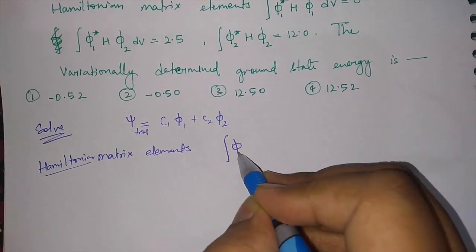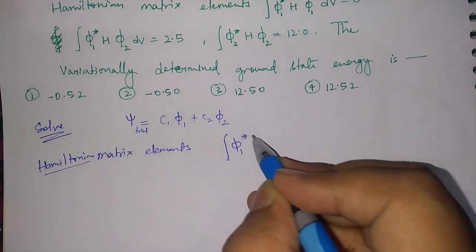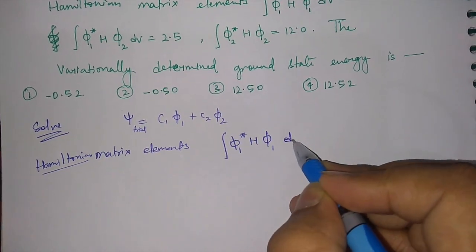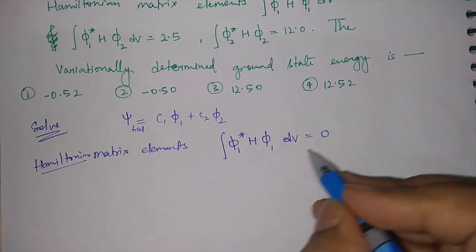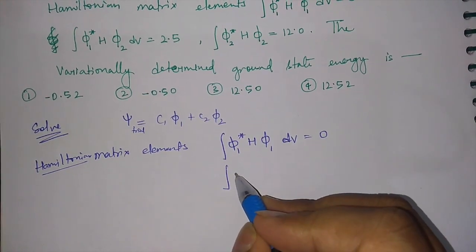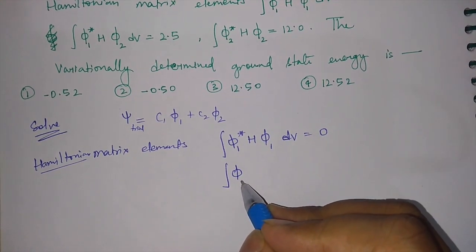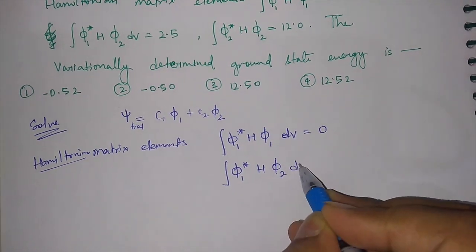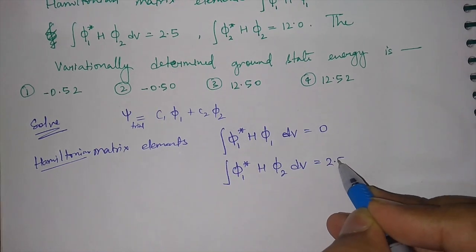So you have the integral of phi 1 star H phi 1 dv, which equals 0. Sorry, it's not psi, it's phi. Then phi 1 star H phi 2 dv is equal to 2.5.